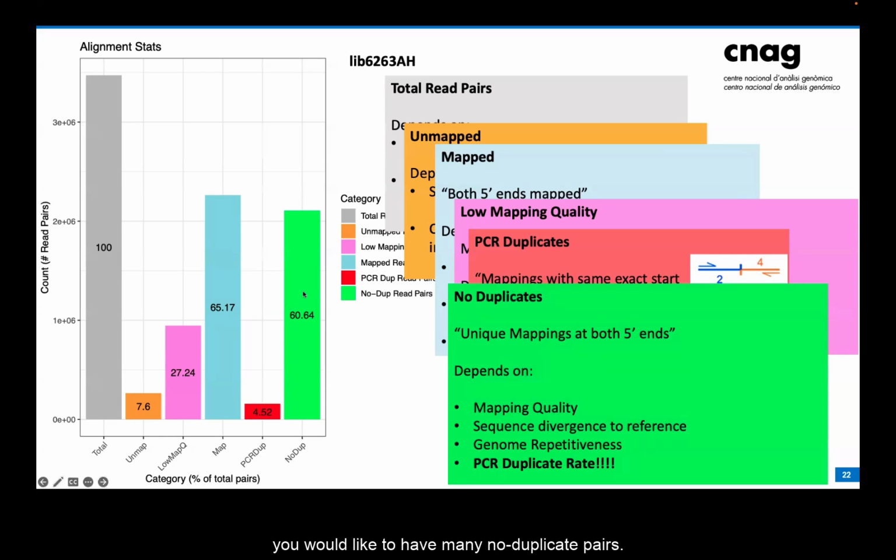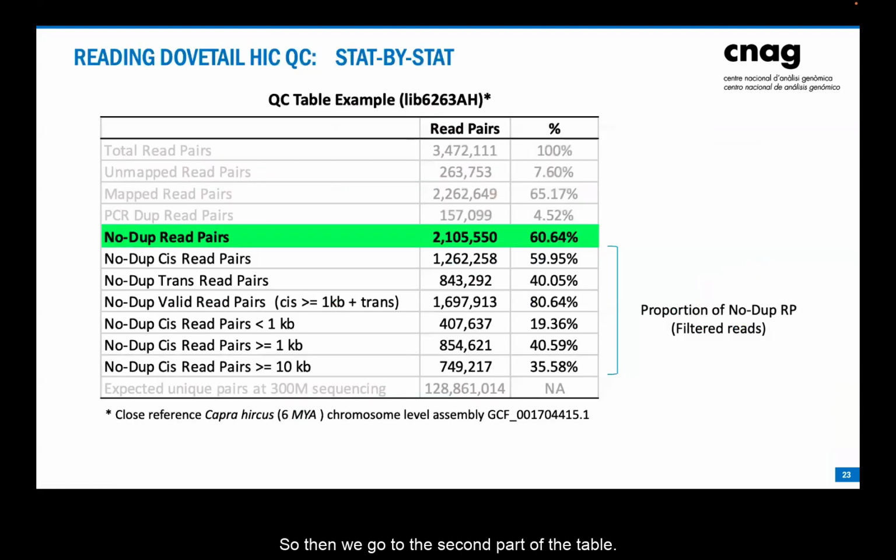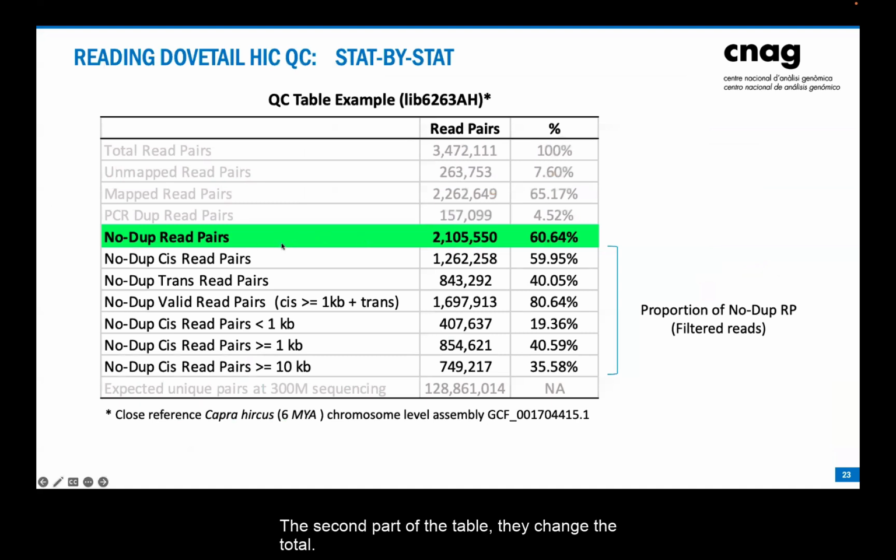You would like to have many no duplicate pairs. So then we go to the second part of the table. In the second part of the table, they change the total. Okay, so everything is basically focusing on the filter rate. So it's a proportion of the non-duplicate pairs.